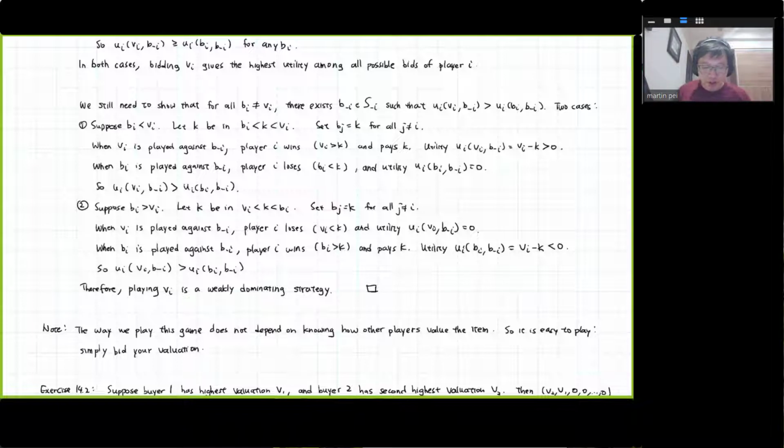So in this situation, your utility also goes down when you play a different bid. So that is the second part. You're trying to find a situation where your utility does go down. Is that okay? Any questions?